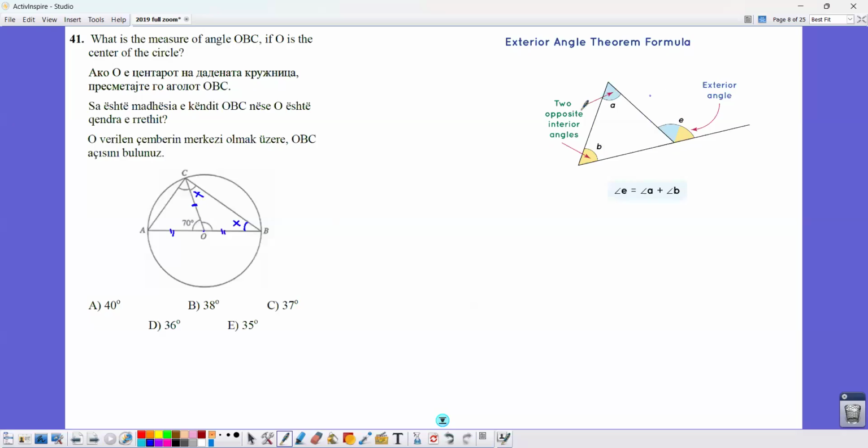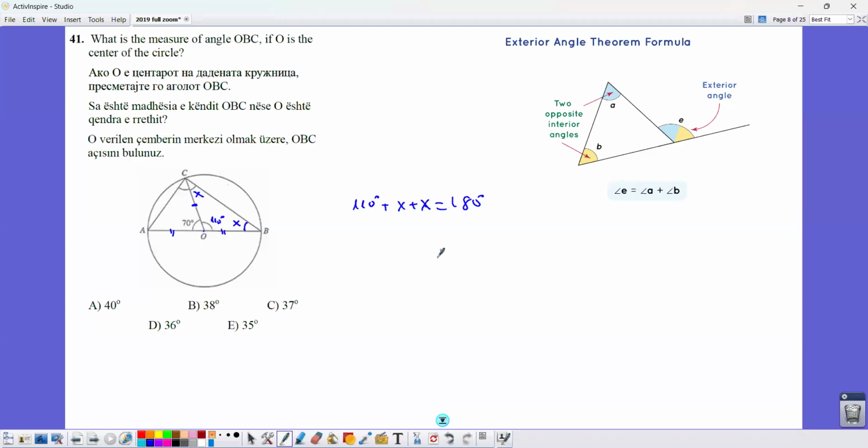Or if you don't remember this theorem, you can find from here that if this angle is 70, the other part is 110. So 110 plus x is equal to 180.